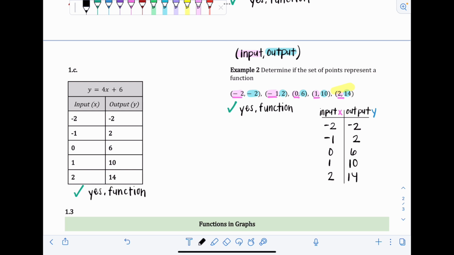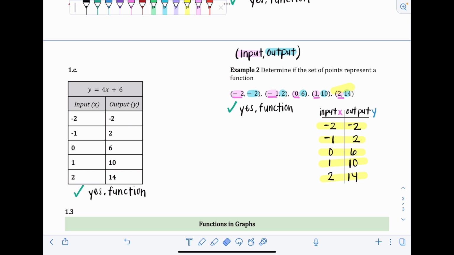So if it's easier for you to tell from the table, look through each individual output and recognize that yes, each input has just one output. So -2 only goes to -2, -1 only goes to 2, 0 only goes to 6, 1 only goes to 10, and 2 only goes to 14. You can draw the table as well to confirm that it is a function.